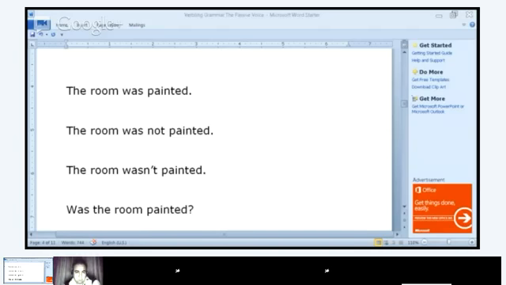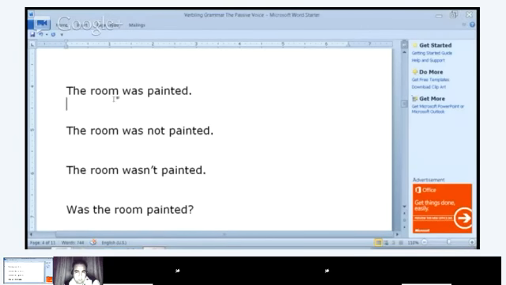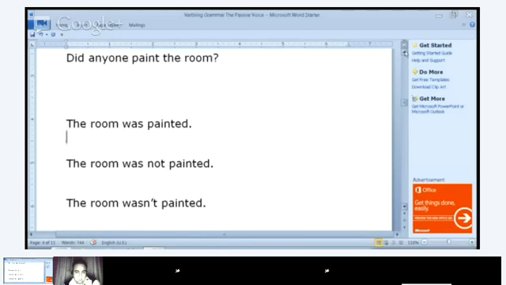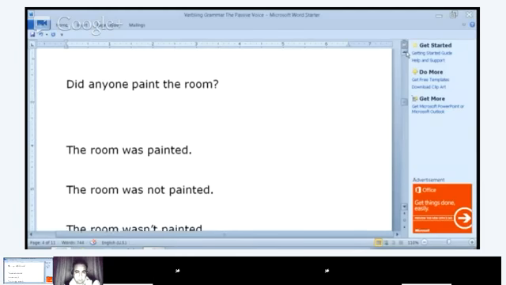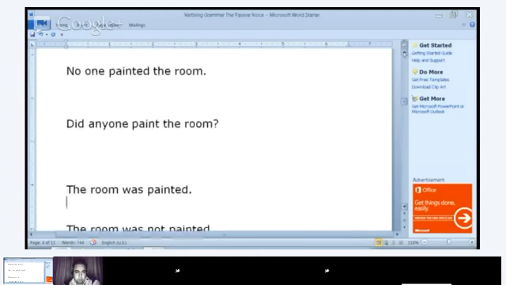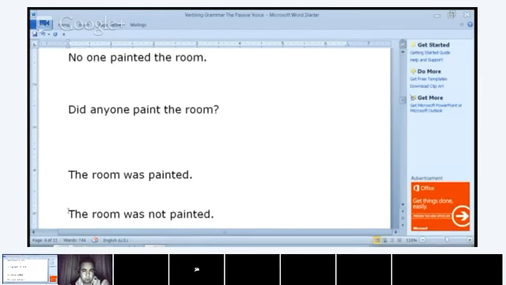Great. The room was painted. Let me just quickly go over the idea. So you saw the previous sentences. Okay. No one painted the room. And so what we've done is we're now using the room as the subject, the passive subject.